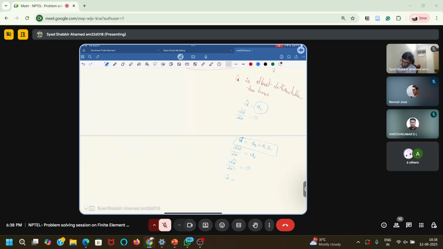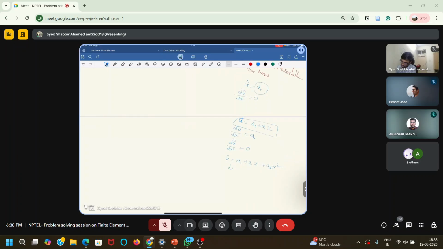So we will add another term: a naught plus a1x plus a2x square. Now if you differentiate it, you will get a1 plus 2a2x. And again, if you differentiate it twice, you will get 2a2.